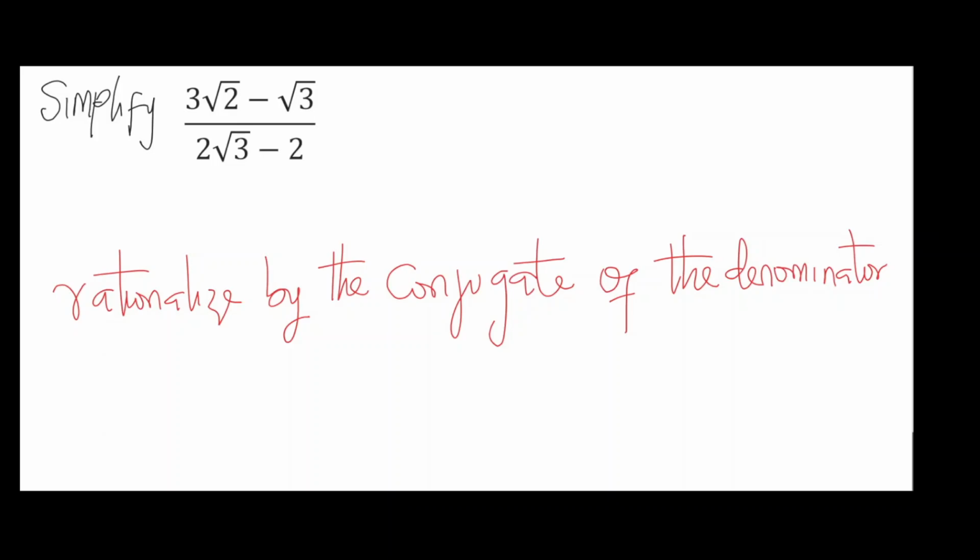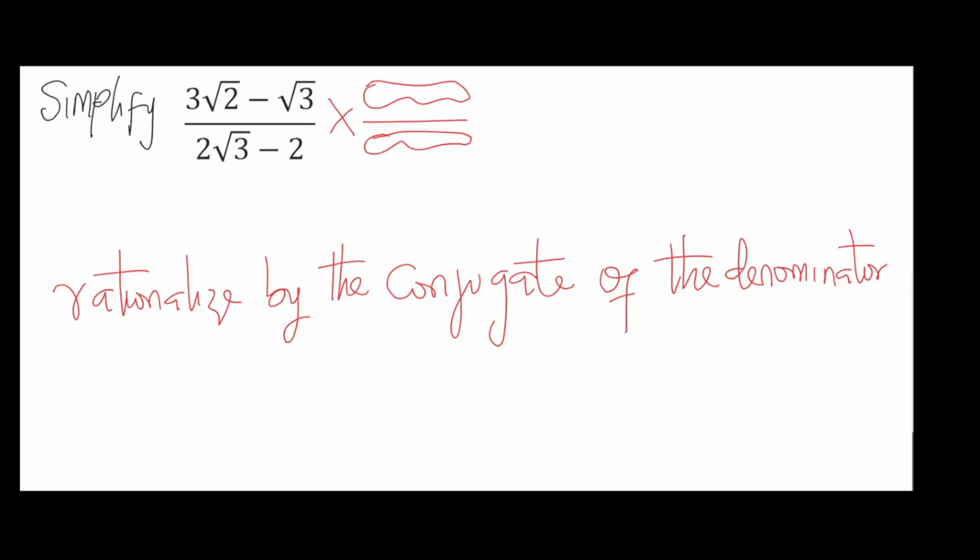And what does it mean to rationalize? To rationalize means we multiply the numerator by a particular term, then also we multiply the denominator by a particular term. But which term are we multiplying both numerator and denominator with?